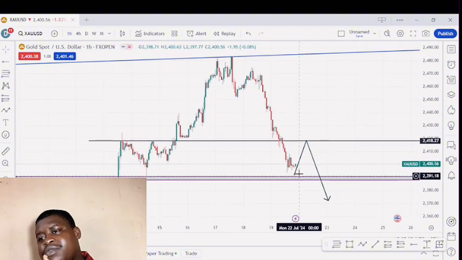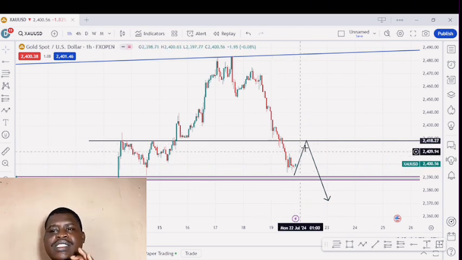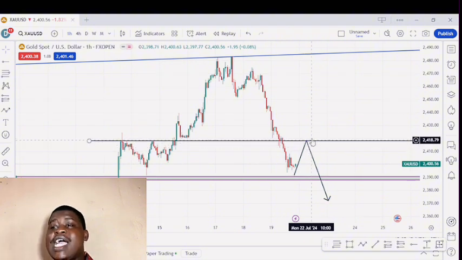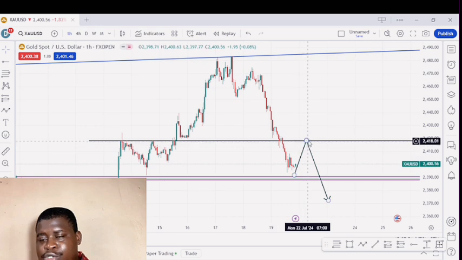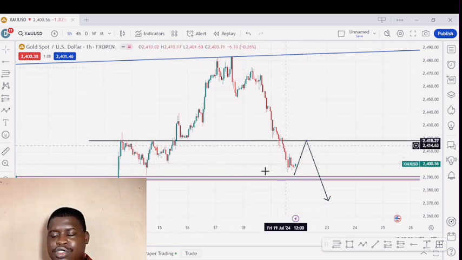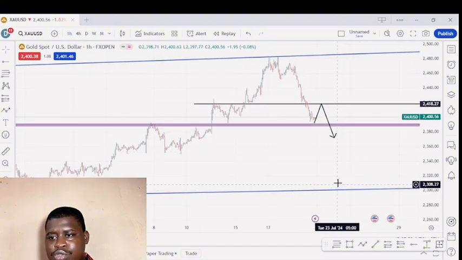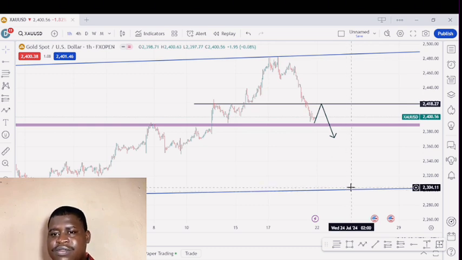So if this market comes here, you have to know what the market is trying to do. It's trying to create another right shoulder. If it creates that right shoulder, that means this head and shoulder pattern will play out, and the market is coming to respect this level back again.